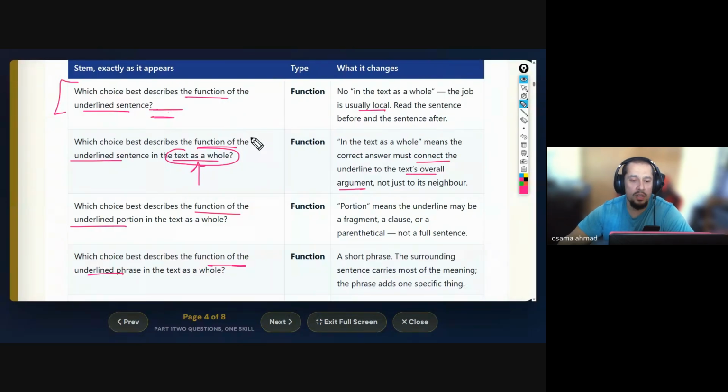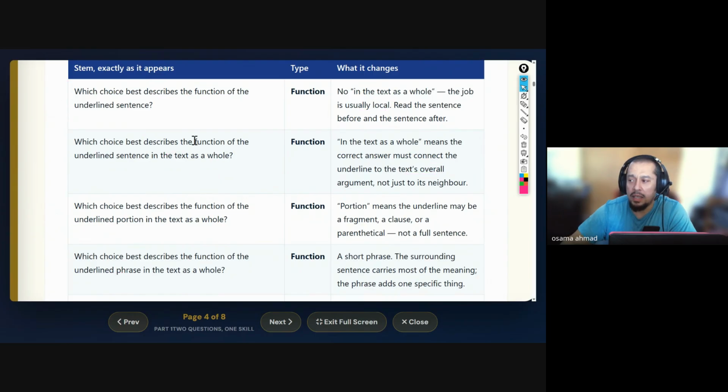So look at the difference here. In the function question, if it doesn't say text as a whole, I look for the connection in the sentences before and after it. But if it says text as a whole, I want to see the relationship of the underlined portion to the main idea. Okay? Main idea.